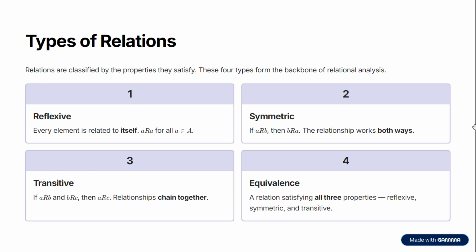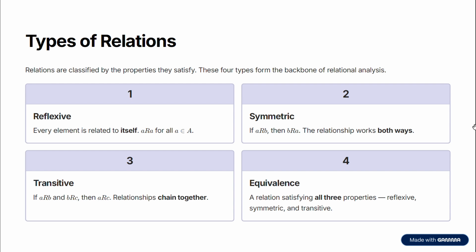The types of relations. Relations are classified by the properties they satisfy. These types form the backbone of relational analysis. The first one is reflexive: every element is related to itself, that is, a R a for all a belonging to A. The second one is symmetric: if a is related to b, then b is related to a.